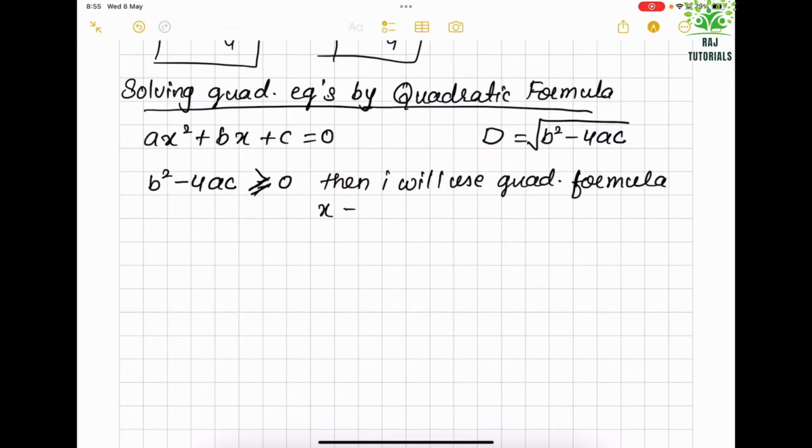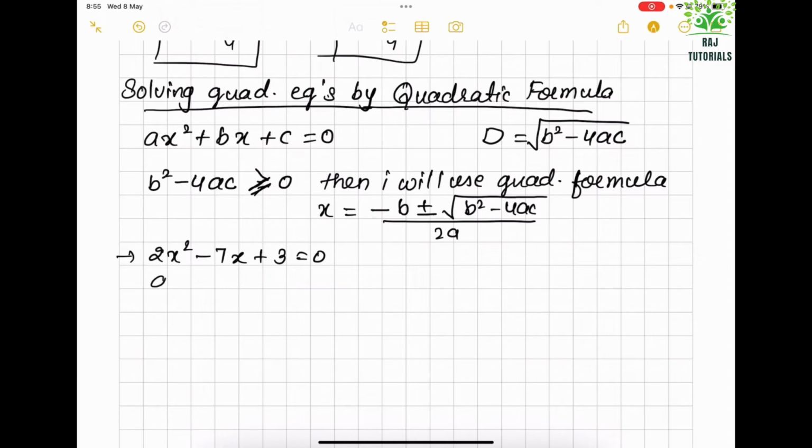That is, x equal to minus b plus or minus root of b square minus 4ac upon 2a. Now let us see one example based on this. I am taking 2x square minus 7x plus 3 equal to 0. So here a is 2, b is minus 7, c is 3.